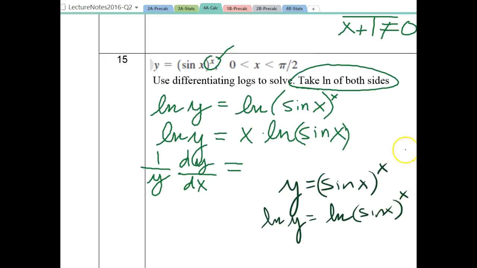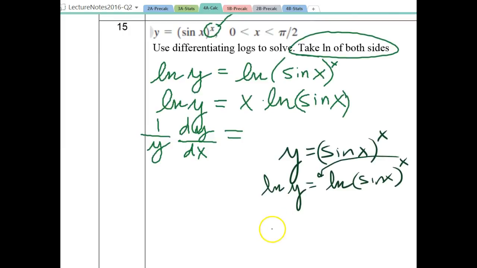The reason is that I can use the power rule of logs, which says that if I have the log of something raised to a power, I can bring that power out to the front. So the equation becomes the natural log of y equals x times the natural log of sine x. Then you take it from there.